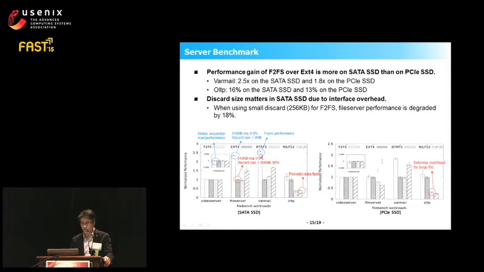And here also the varmail and OLTP benchmark score shows the Fsync performance advantage of F2FS. And if we're using PCIe SSD, the performance gain of varmail and OLTP still exists.